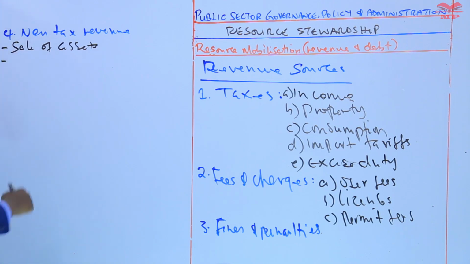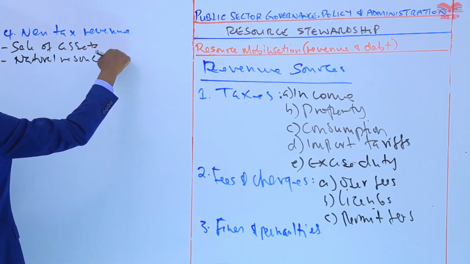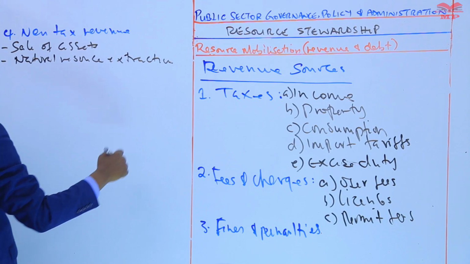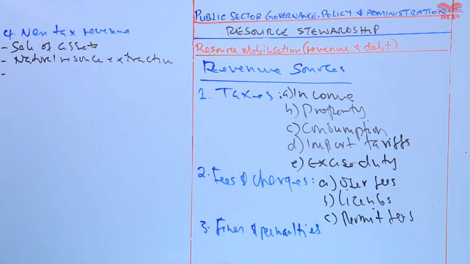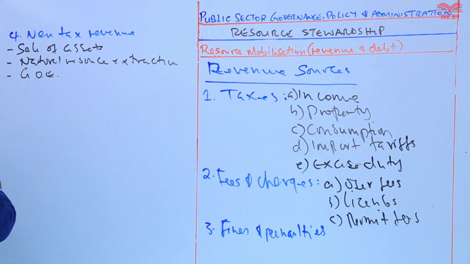The government can raise income from natural resource extraction, and from government-owned enterprises, public corporations, and so on.